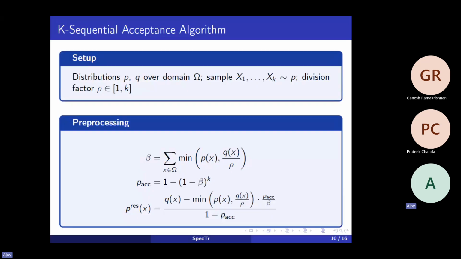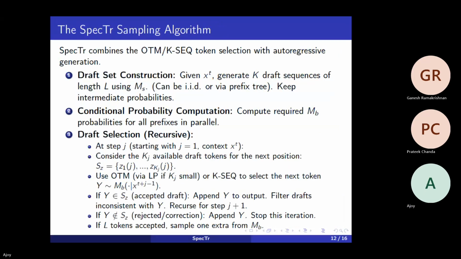This residual distribution is different from the previous one. However, this p accepted by beta is equal to rho in the ideal case, just because we have used that rho, and this 1 minus p accepted is similar to the previous algorithm one only.